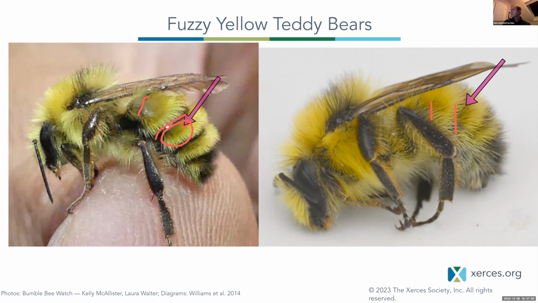In contrast, if we look over here by the arrow, you can see some black hairs appearing at the front of T3 and at the sides, and even more on T4. And so this is a character that we use to distinguish these two species from each other.